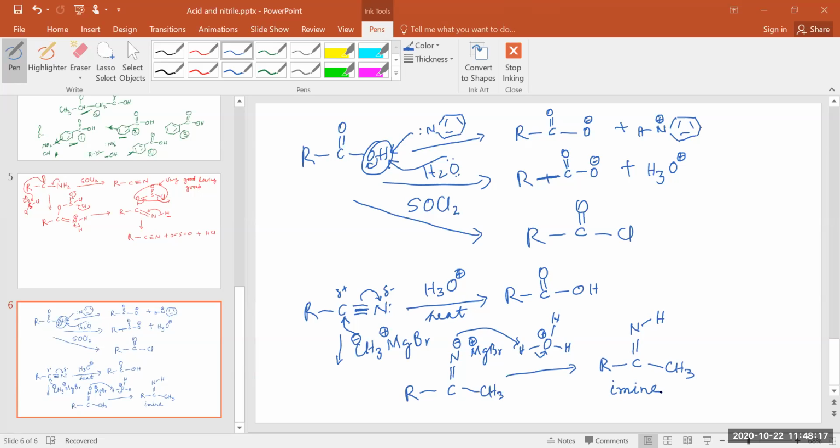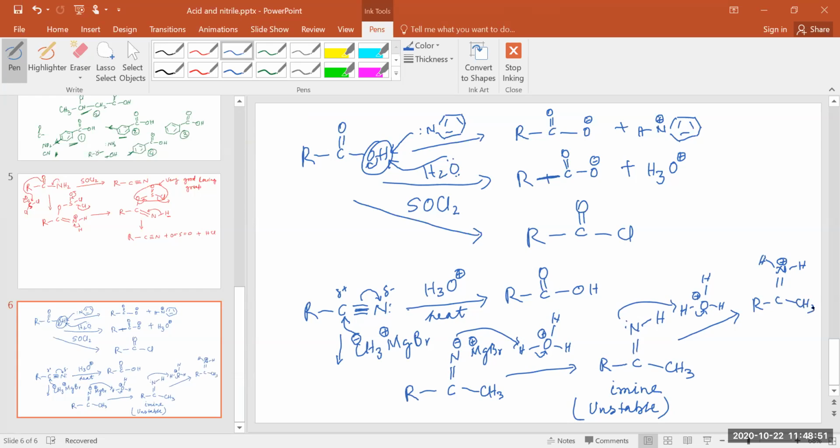So under acidic condition, this one is very, very unstable. So what will happen? It will be immediately hydrolyzed. Again, acid will react, so it will make R C double bond N H plus CH3.